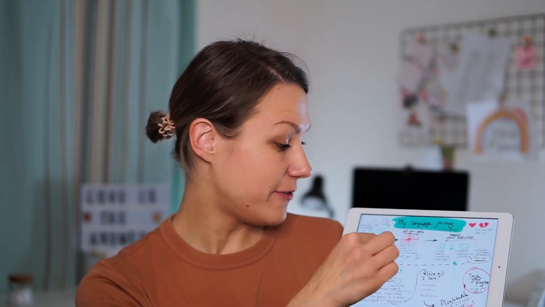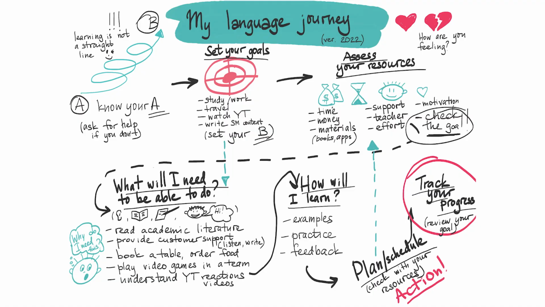Check if you've already achieved your goal. If your goal was to get a certain grade at an exam or to be able to give a presentation on a certain subject, maybe you've already achieved it. And then your point B becomes your new point A, and you need to think of a new goal. So think about that.